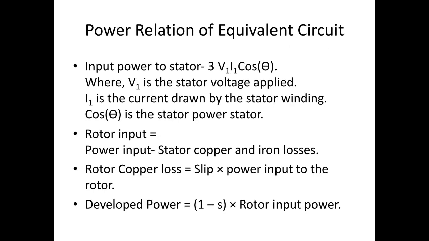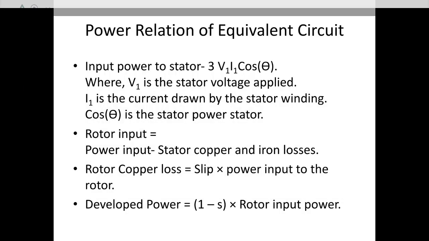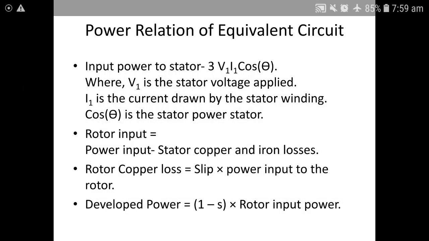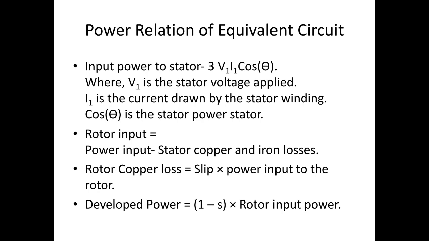Power relation of your equivalent circuit. The input power of the stator is 3 V1 I1 cos phi. Since it is an AC input, we specify the cos phi also.